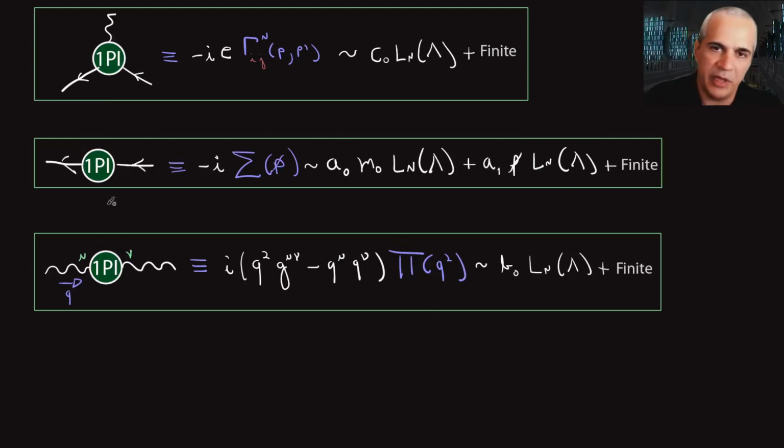So I have these 3 divergent diagrams or 1PI functions, but they have just 4, 1, 2, 3, 4 independent diverging quantities. So I'll need to eliminate these 4 divergences, to do the equivalent of 4 redefinitions, or renormalization conditions.